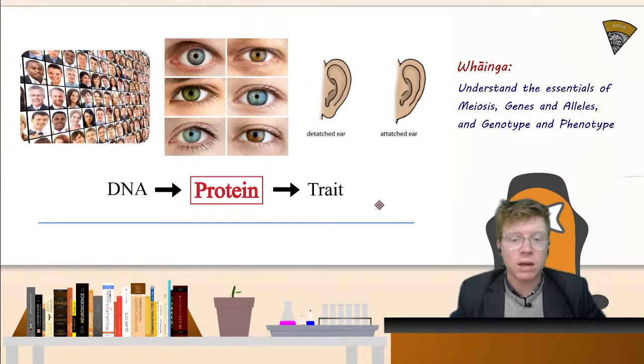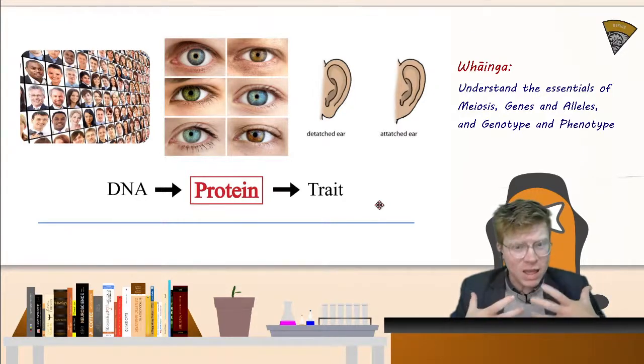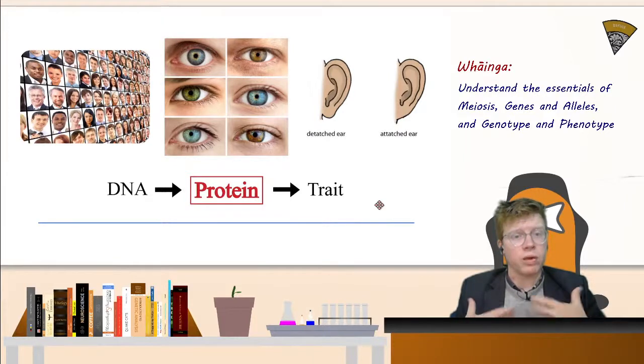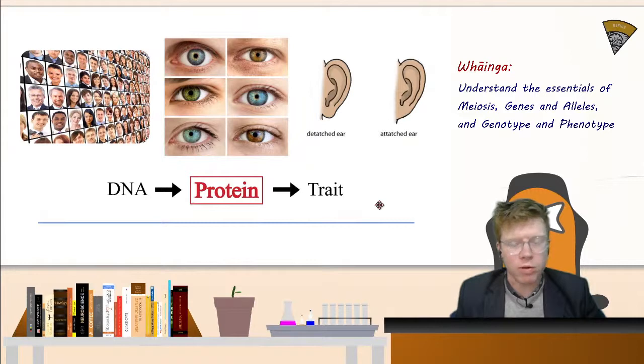There are a number of different genes that code for different parts of eye color. Each of those genes controls the creation or manufacturing process of making a protein or a group of proteins. And those proteins then work together to give us the color of our eyes. And those of us who know a little bit about evolutionary history, originally we all had brown eyes.